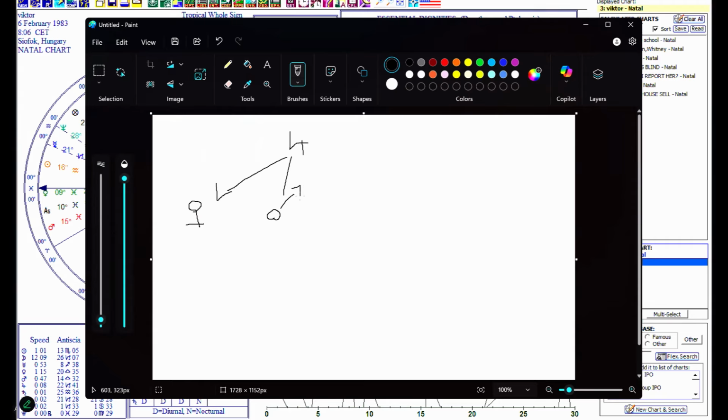And then we would have the Moon. Try to make it look like a moon. And then we would have Neptune, and then we would have Uranus. Okay, so Uranus would be coming there.